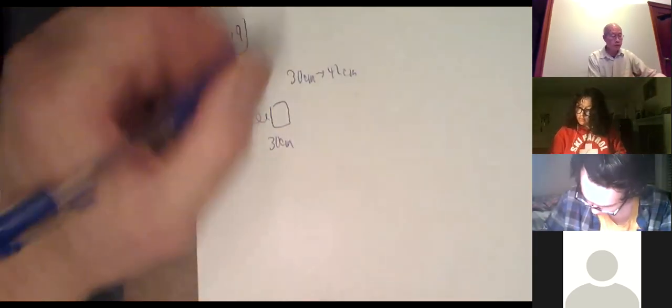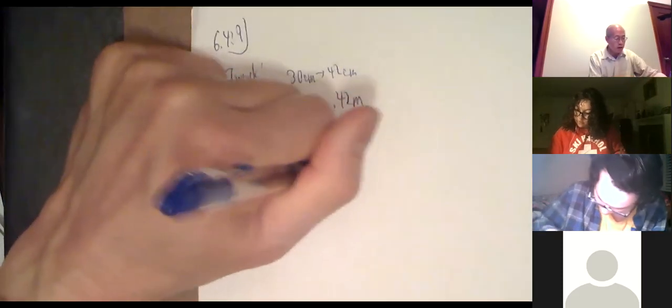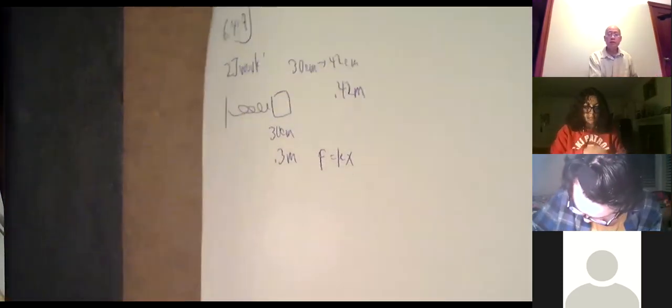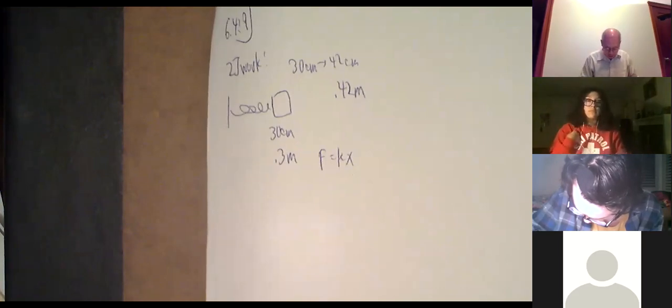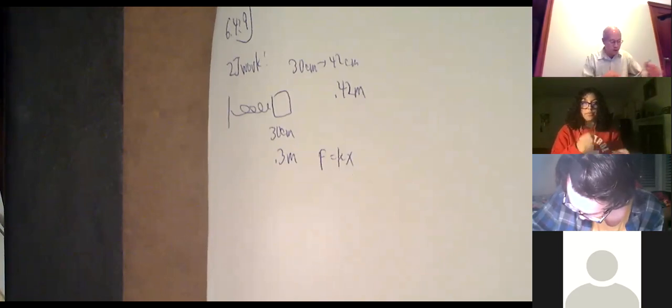Okay, I have to do it in meters, so that's 0.3 meters, and this is 0.42 meters. Okay, so I'm using Hooke's law. F is equal to kx, and we know we're integrating the force. All right, how much work is needed to stretch the spring from 35 centimeters to 40 centimeters?